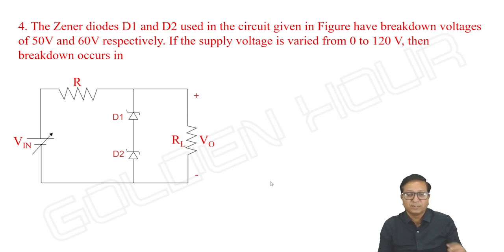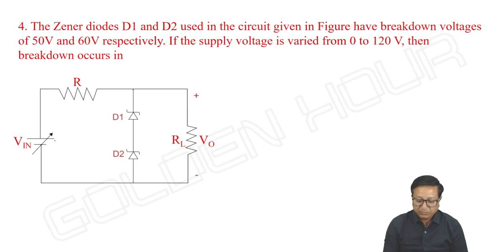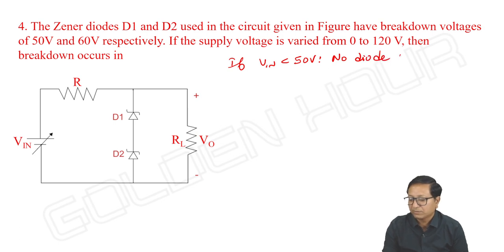then see this. Here the input is varying. If V input is less than 50 volts, no Zener diode undergoes breakdown.